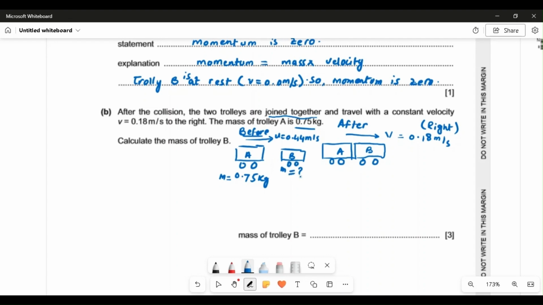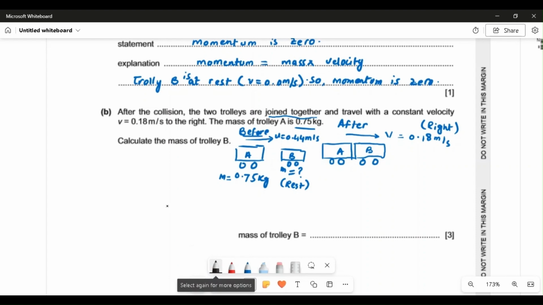We are unaware of the mass. It was not moving, it was at rest. The question says that the mass of trolley B is unknown, which we are asked to find.